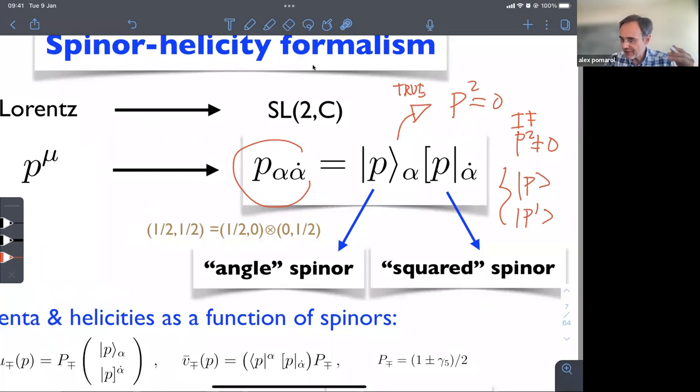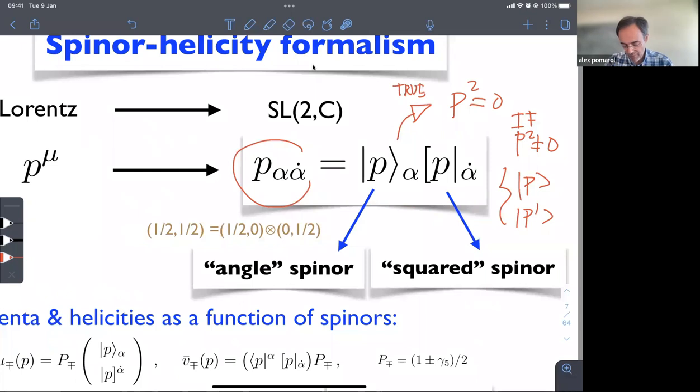One way it was done, and a lot of people have gone through this calculating amplitudes for massive states, is to incorporate another spinor, so a massive particle is defined with two spinors instead of one.